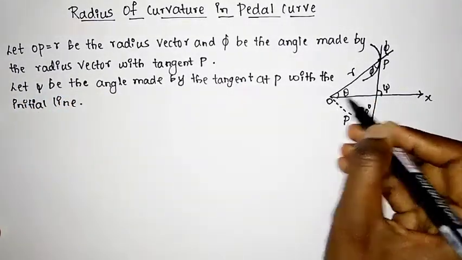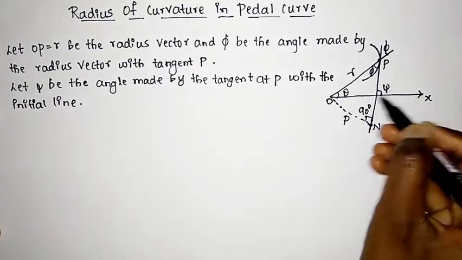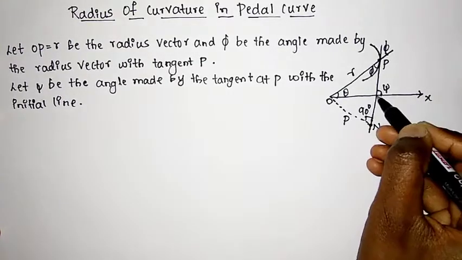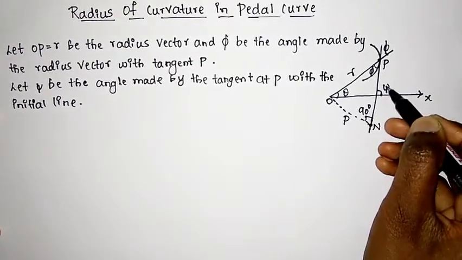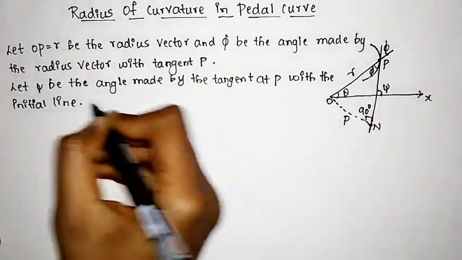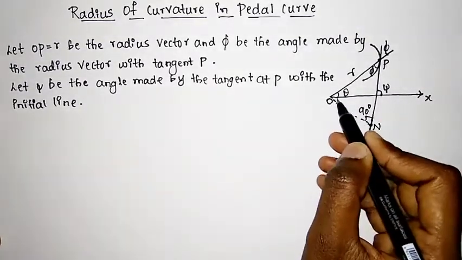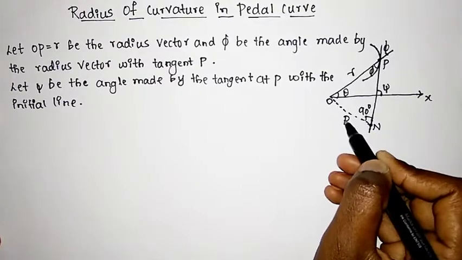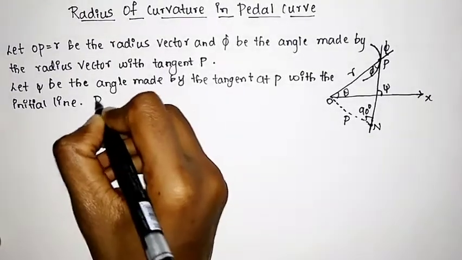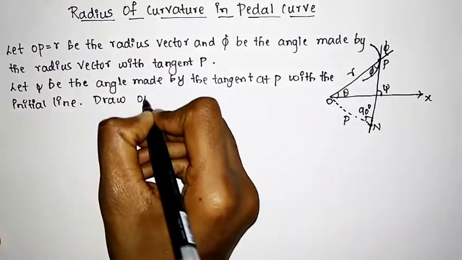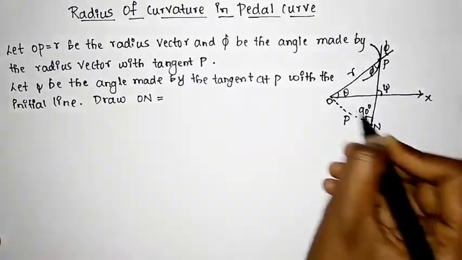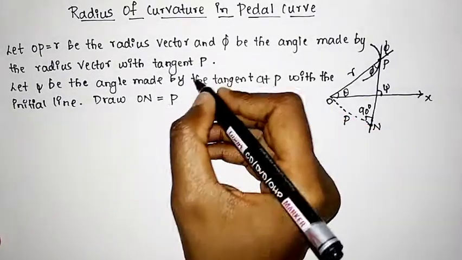We have considered the initial line and extended it, so you can also call it a tangent. The exterior angle is taken as psi. Then we have constructed a line ON and defined its length as p. So we need to draw the line ON, and the distance ON is taken as p.